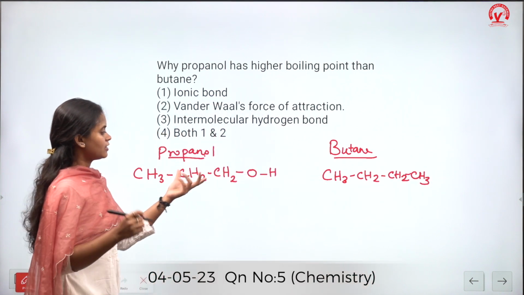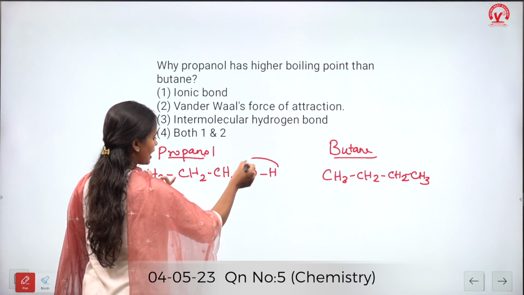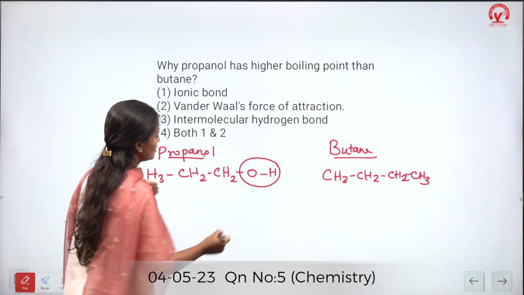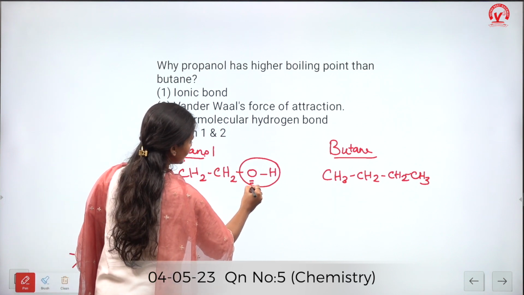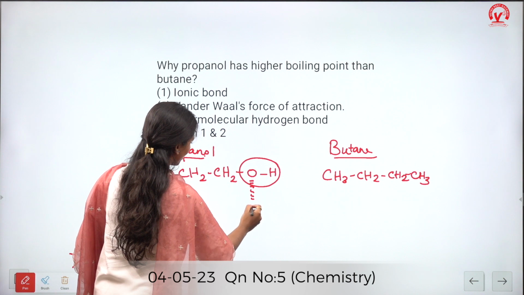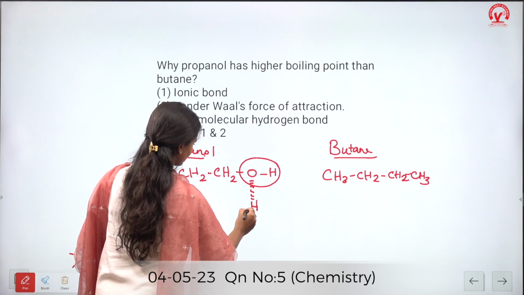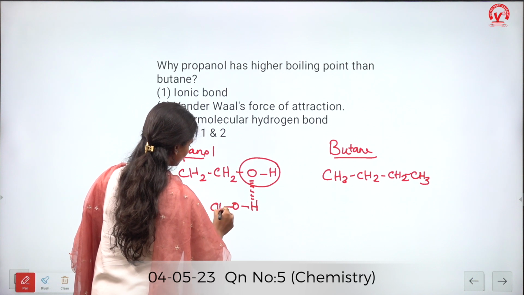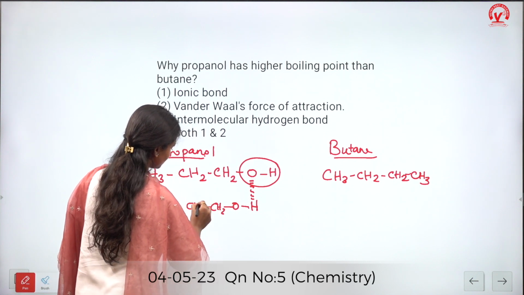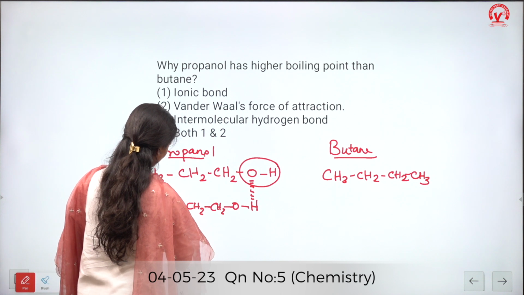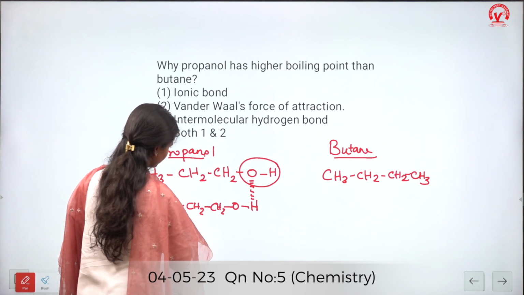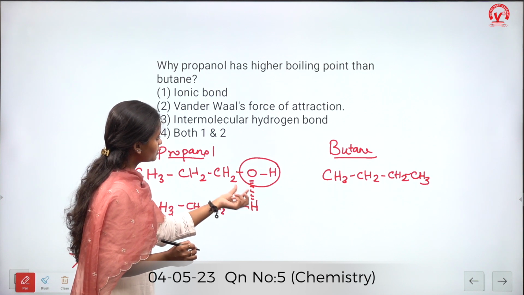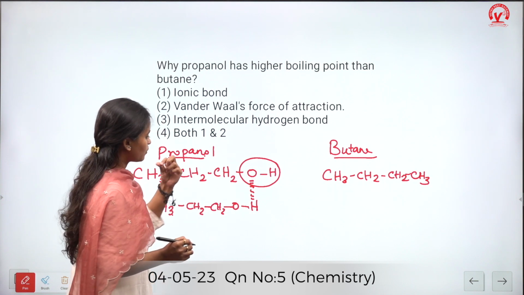In propanol, there is a functional group alcohol present. This alcohol forms a hydrogen bond with another molecule, O, CH2, CH2, CH3. This hydrogen bond is responsible for the boiling point.